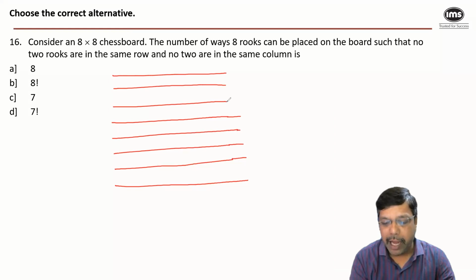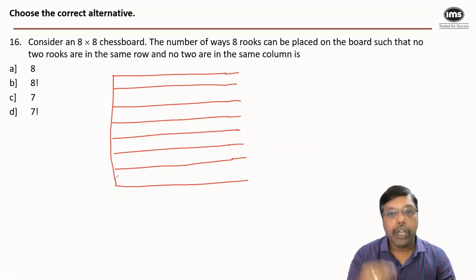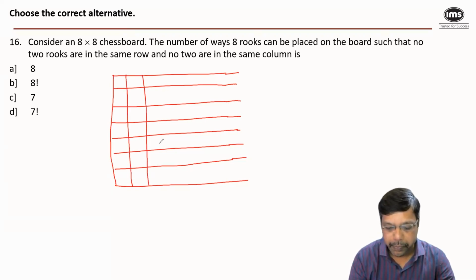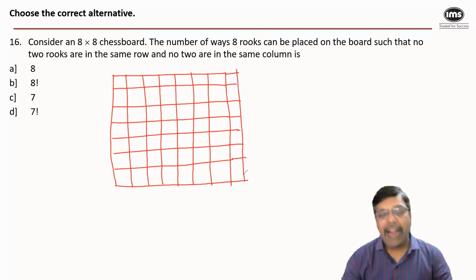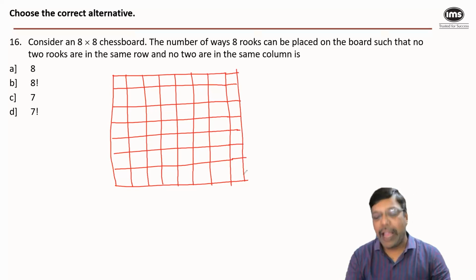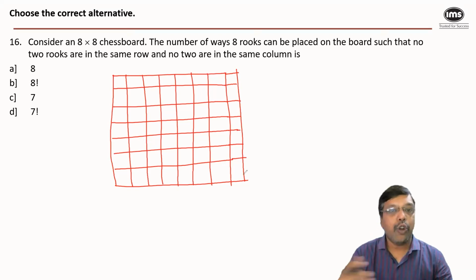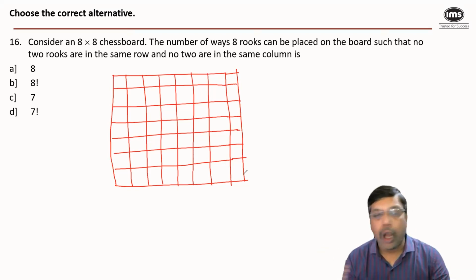In the exam, I don't think you should draw the chessboard. You should visualize. Now, I have 8 rooks and I want to arrange them on this board in 8 places such that no 2 rooks are in the same row and no 2 rooks are in the same column.